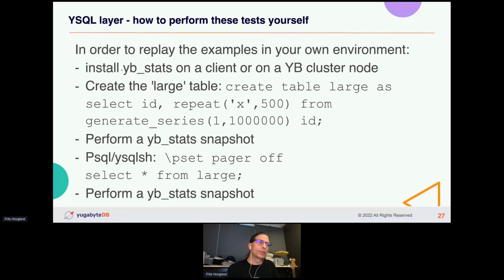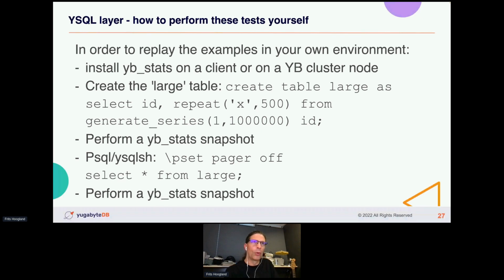Install yb_stats, and installing yb_stats should not be too hard, because that is Rust code which can quite simply be compiled, and there are RPMs, and there is an OS X formula for homebrew.